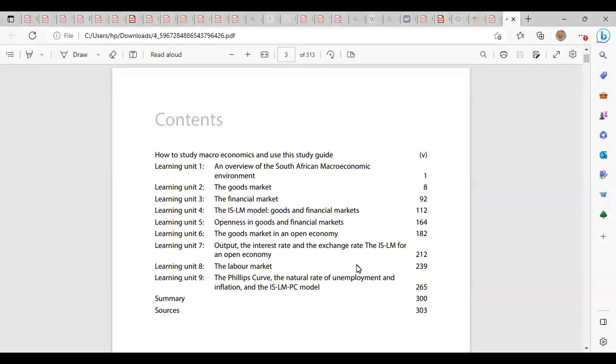All right, so learning unit 1 was about an overview of the South African macroeconomic environment, and then 2, the goods market, of course, where we have that very popular diagram, which is taken over from first year, and then we again have the financial market, which is also not so new.